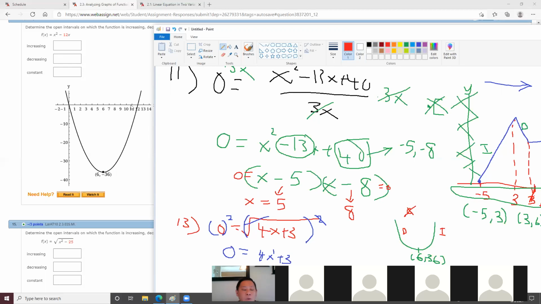So can someone tell me what is the increasing domain here? Again, you have to use your x value. So what is the x value that you have here?